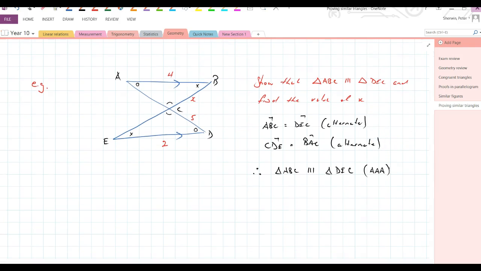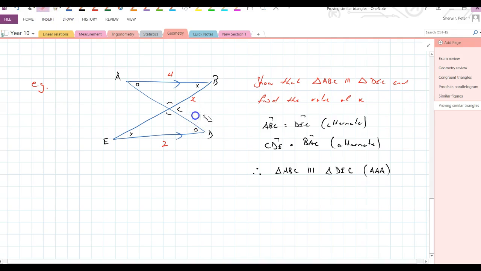Now, as a result of that, I know the corresponding sides are in the same ratio. So therefore, I can say that the scale factor, ED to AB, is 2 to 4. Actually, I'll go the other way around, because my X is up there. So X, is that in the same position as the 5? It's not, is it?